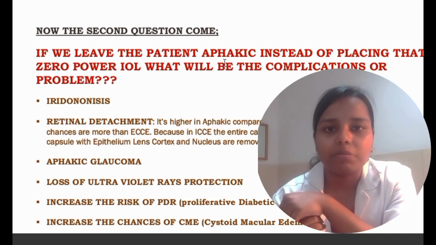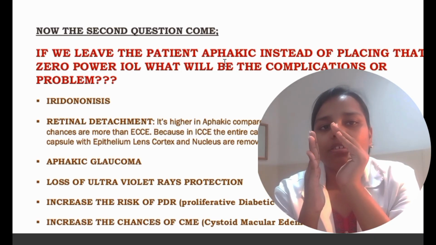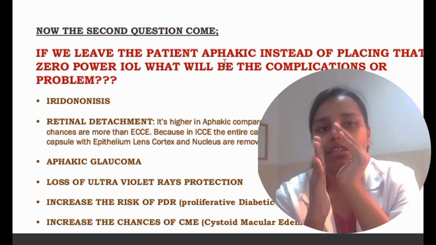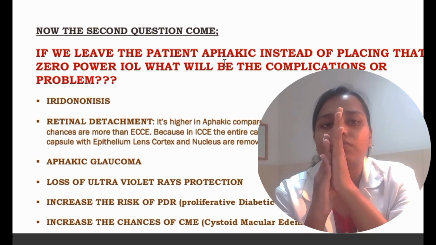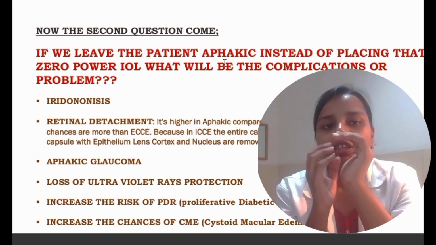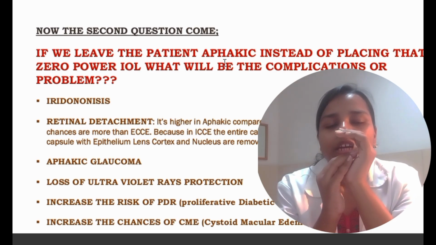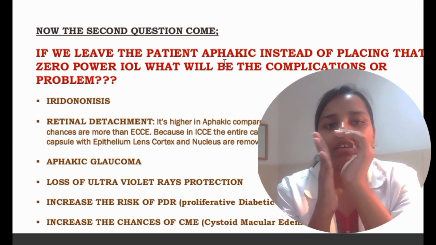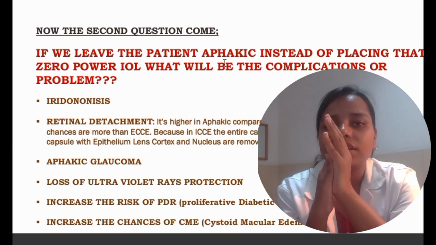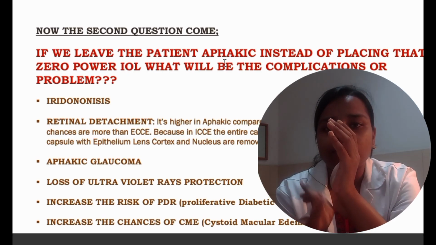Why? You just tell me. Here is the retina. Here is the vitreous. Here is the lens. The lens is a supporting character here for the vitreous body, right? So if nothing is here, the vitreous will come forward this side, but nothing is here to avoid that. This area is free now if aphakia is there.